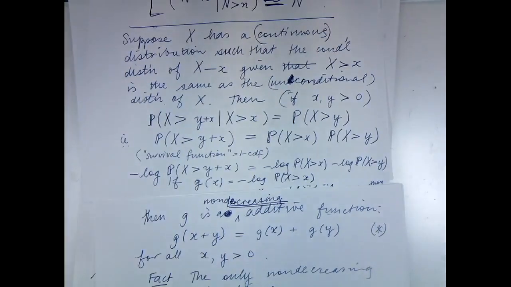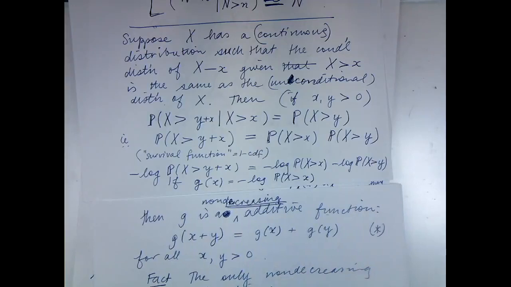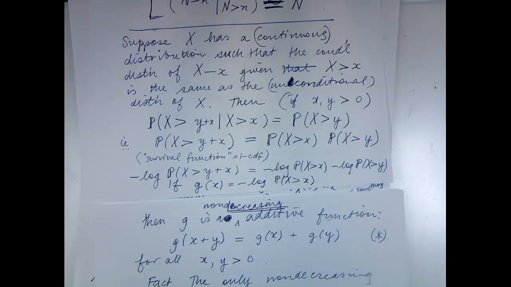You'd start with g of 1, that's just some value, c, or you'd call it lambda. g of x equals lambda x for any lambda. Now, I said non-decreasing rather than increasing, so lambda could be equal to 0. Then it's just g of x equals 0 all the time.